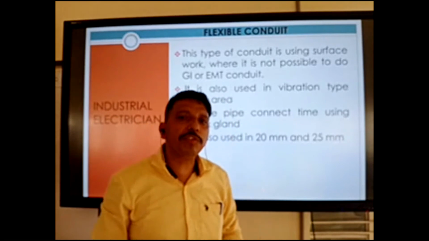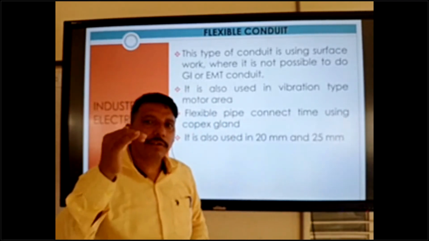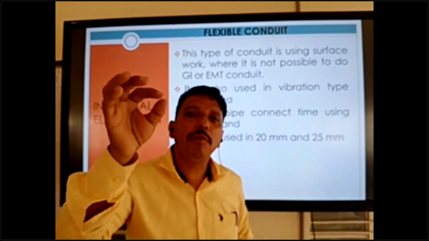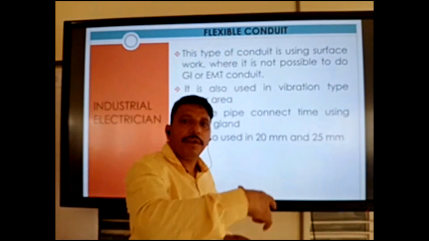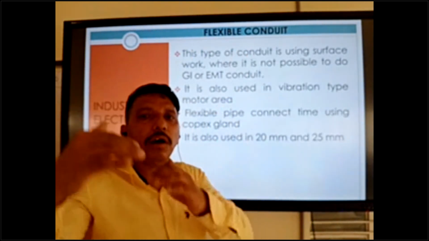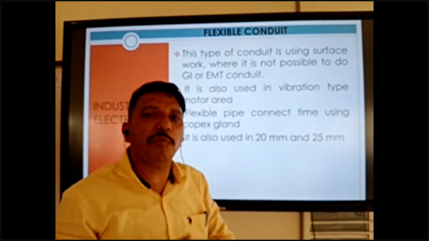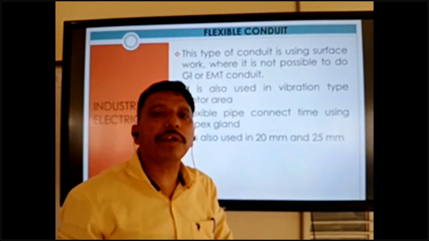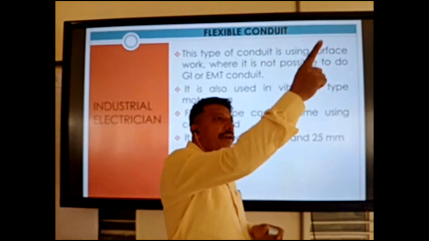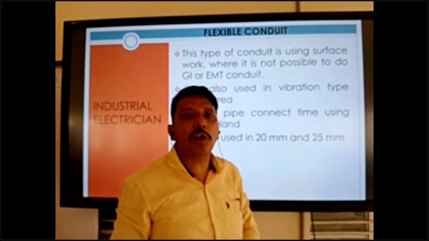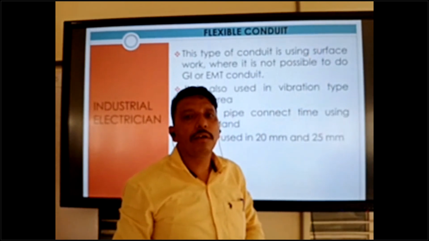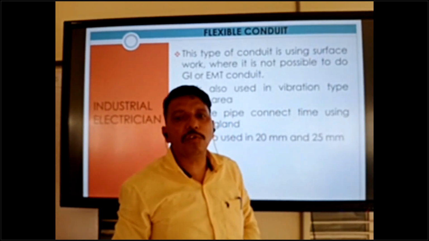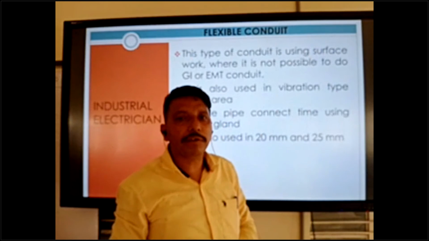So this means wiring starting from your DB to the motor and coming up to the motor. If you make surface conduiting, at that time you can use GI conduit or EMT conduit as per your drawing requirement, as per your owner requirement.